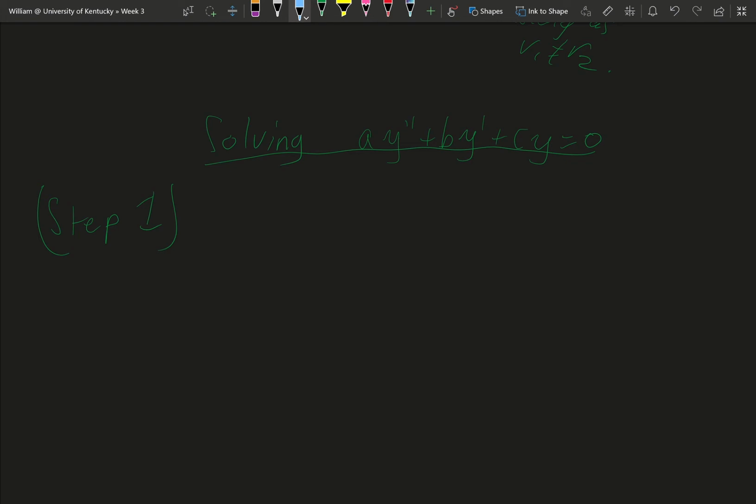Step 1, we have our characteristic equation. This is a r squared plus b r plus c equals 0. So what we want to do here is find the roots.